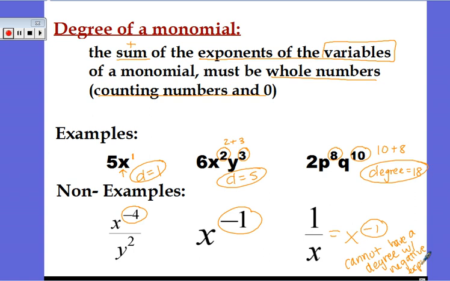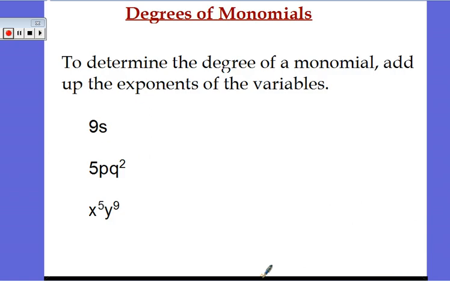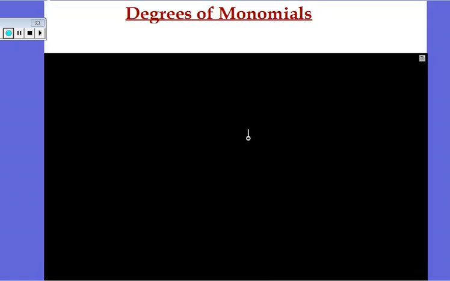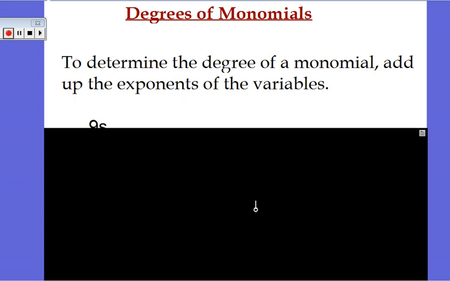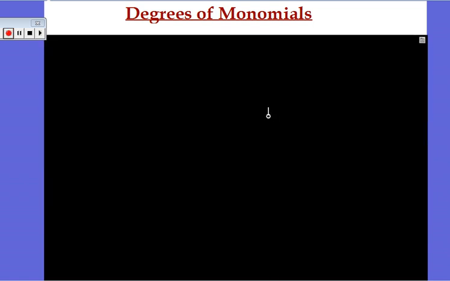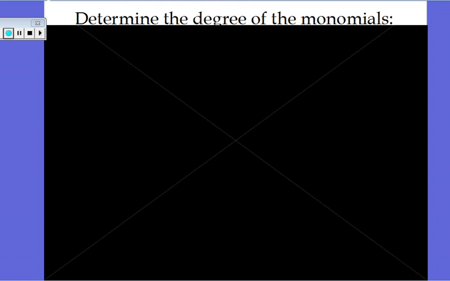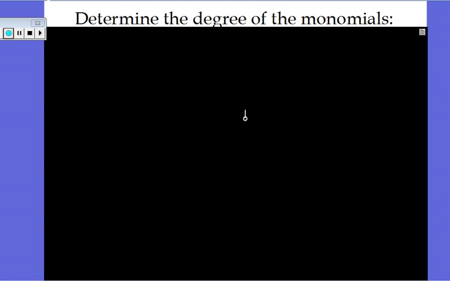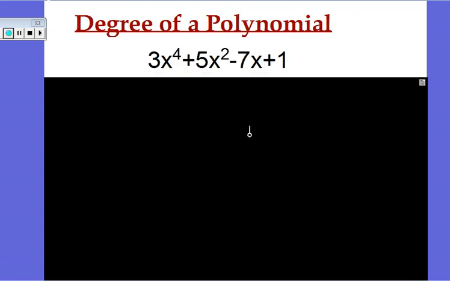Now we just talked about the degree of a monomial. We're going to now talk about the degree of a polynomial. When we're looking at degrees of polynomials, what that means is we're taking the highest degree of any term in the polynomial.